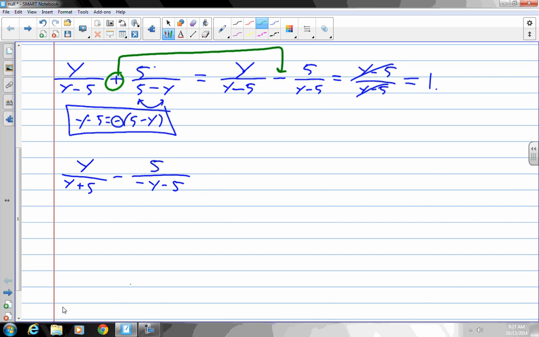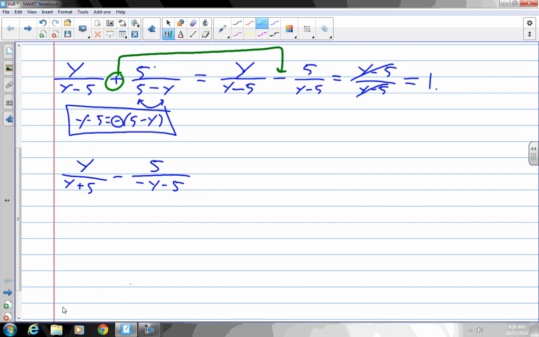Well, yeah, but again, first of all, it's different from what we just did, right? The problem that we just did, we have to flip the order of subtraction, right? But what can we do here? How can we turn negative y minus 5 into y plus 5? What do we have to do with that negative?